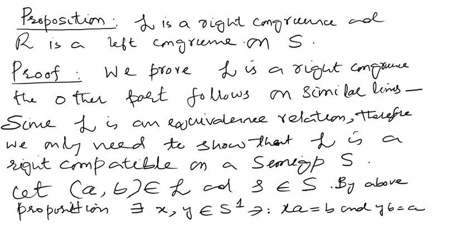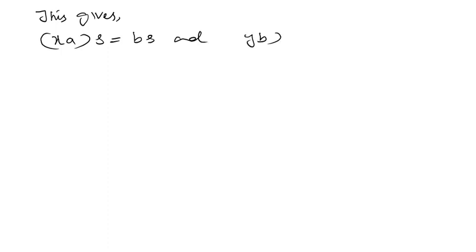We need as and bs. Okay, as and bs. So these two equations give, we have xa equals b, so multiplying forward by s, xas is equal to bs and ybs is equal to as.